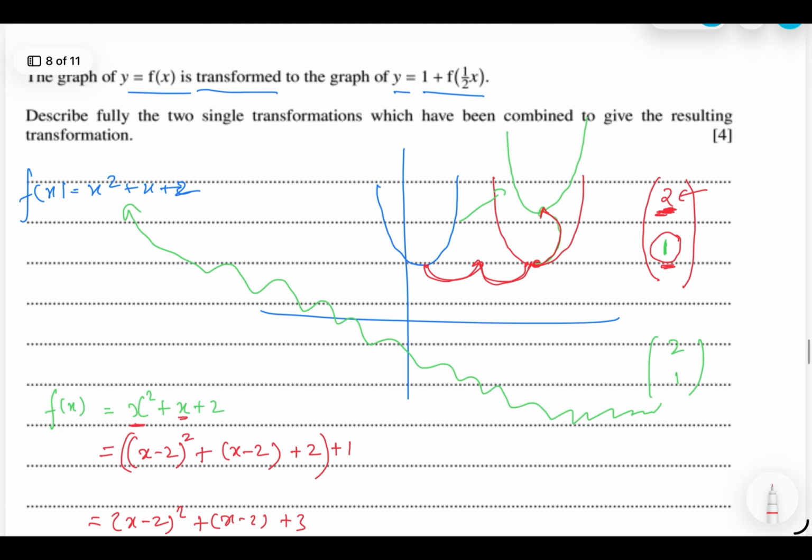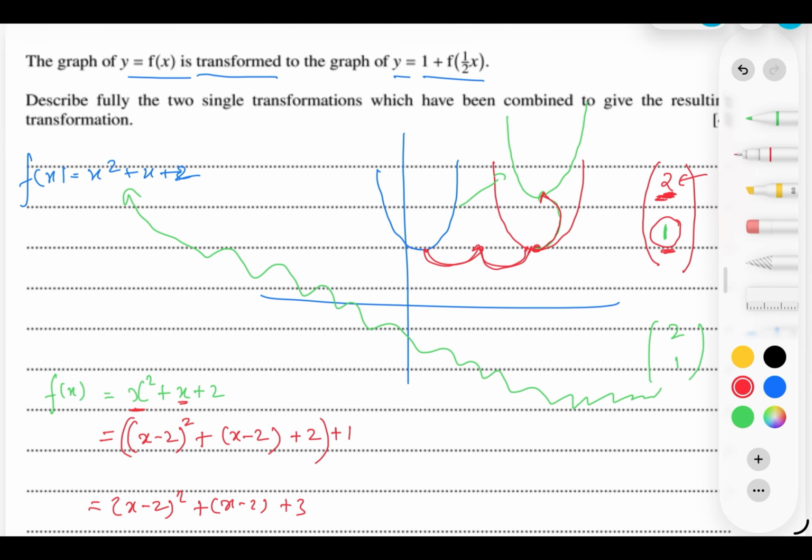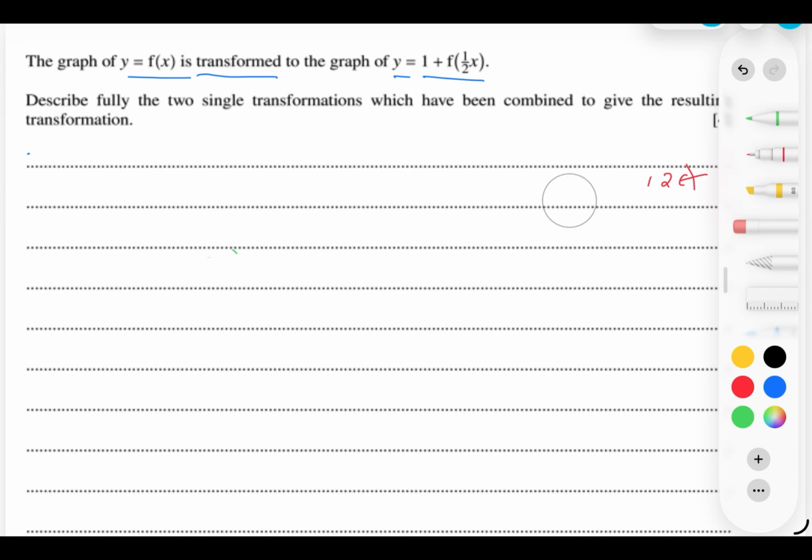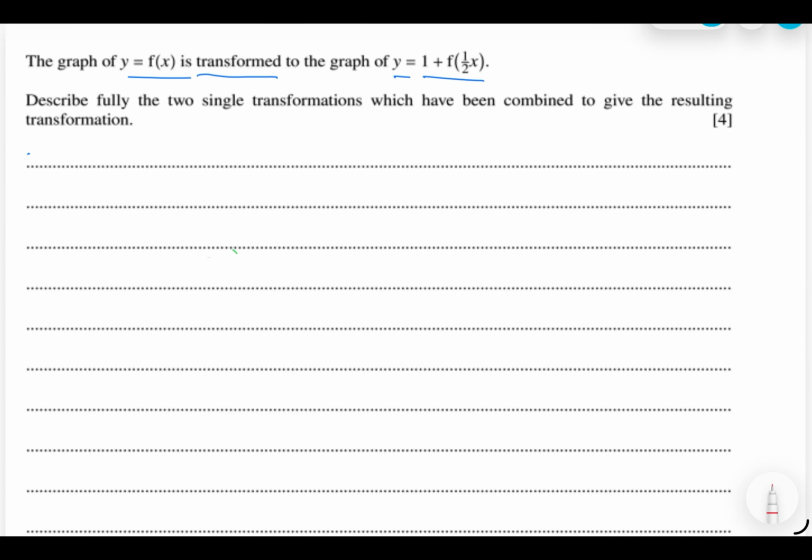This is the first thing which you should know. The second thing which you should know is, let me draw it first. If my function was like this, this is 1 and this one is also 1.